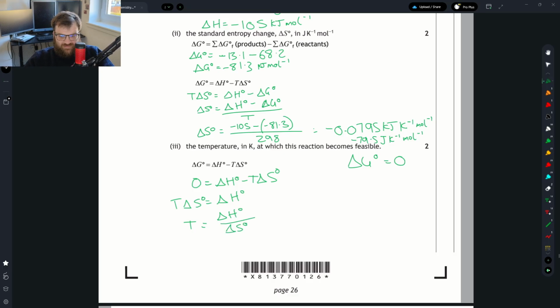Watching out for the fact that we've got joules for delta S naught and kilojoules for the other one. I prefer to turn my enthalpy into joules, so times that by 1000. So it would be minus 105,000 over our minus 79.5, and then popping them in, to 3 significant figures, 1320 Kelvin as the temperature for that one.